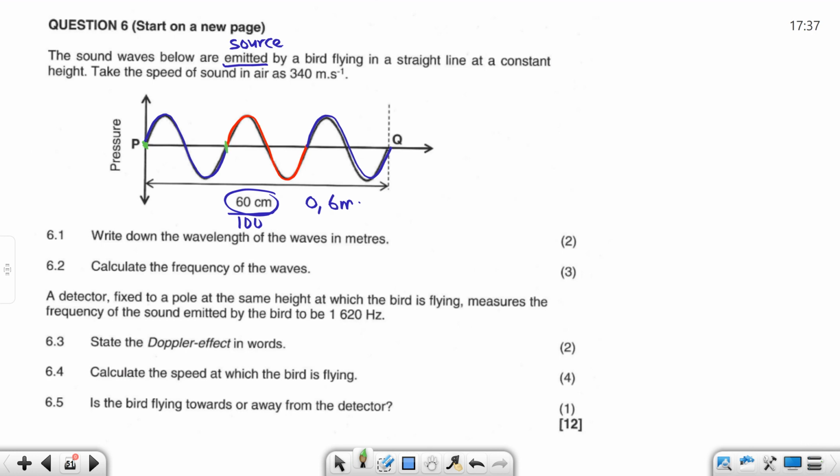From here to here, that's a period. So that is one wavelength. Yes, that's one wavelength. So how many wavelengths do we have here? 3 wavelengths. So it means 3 wavelengths is equal to 0.6. What is 1 wavelength? First answer is done.